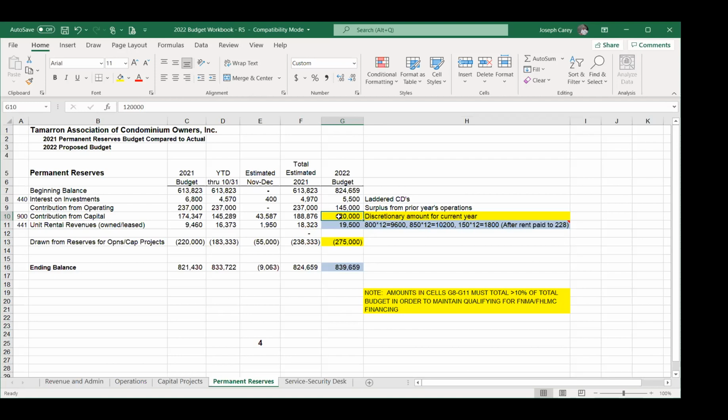Joe, I know that Scott put a lot of effort into getting things set up to satisfy Freddie Mac and Fannie Mae. The question is, if we drop below the 10% and then want to comply with those requirements in the future, how much work is going to be required to get it restated? Can we simply up our reserve contributions to meet it?